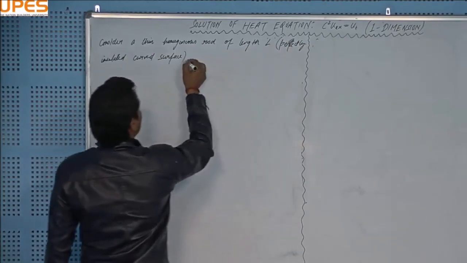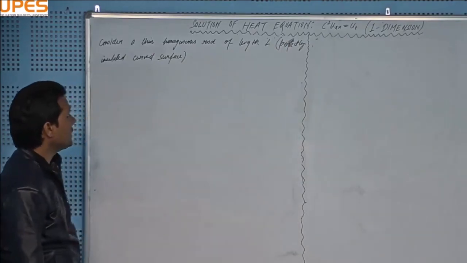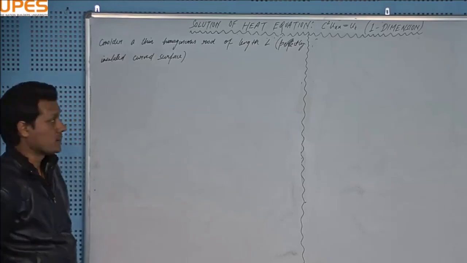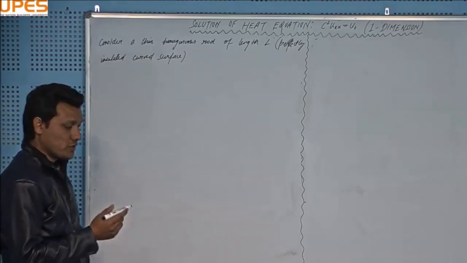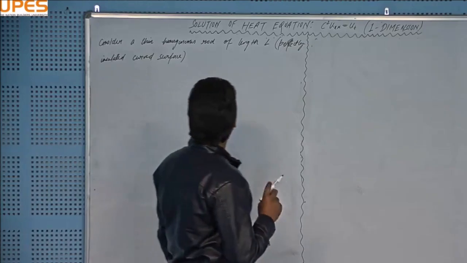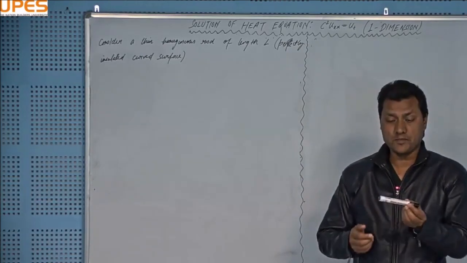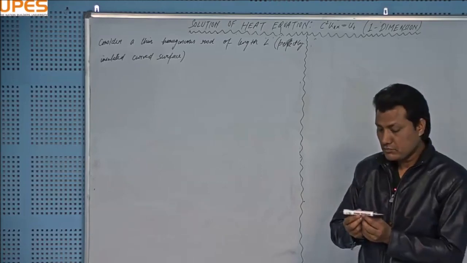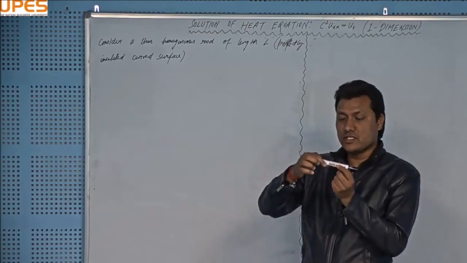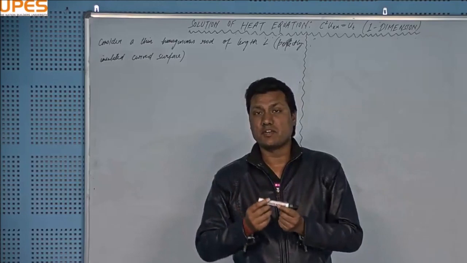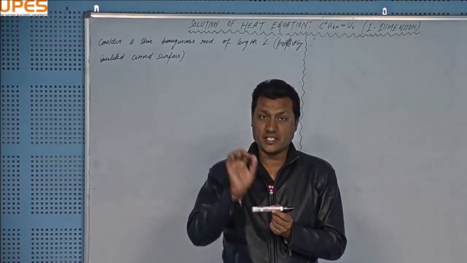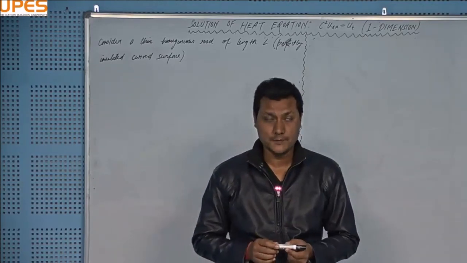I should write it in brackets. So you need a homogeneous rod of length L, and that should have a perfectly insulated curved surface. It means you can think of this marker as a thin rod, right? And its curved surface is perfectly insulated so that no heat can escape from its curved surface, right?